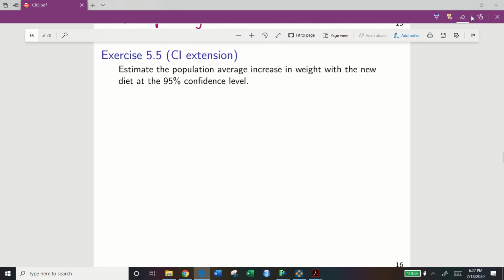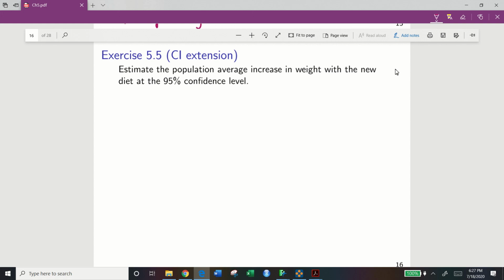Okay, so this last little part is going to be working with a confidence interval. We haven't done that this lecture video, have we? So we'd like to estimate the population average increase in weight with the new diet at a 95% confidence interval. So luckily, most of the information we did from our previous slides has pretty much set us up for success on this.